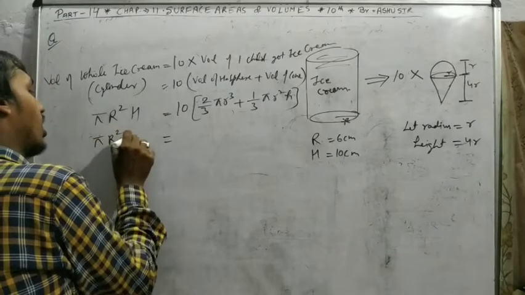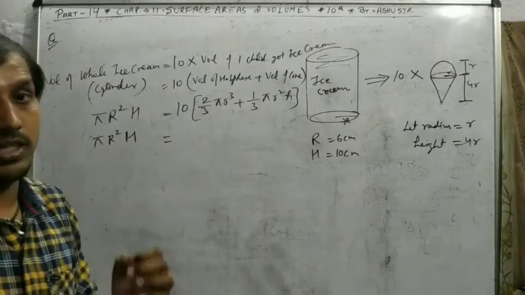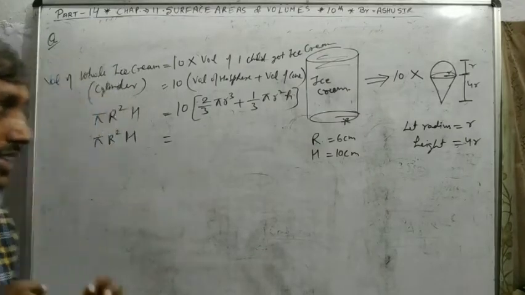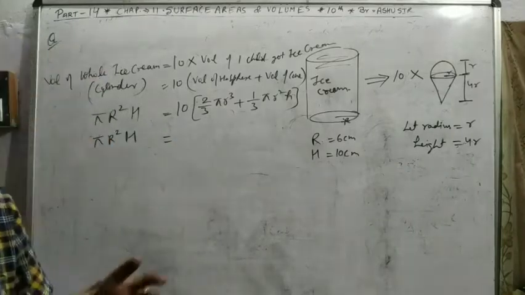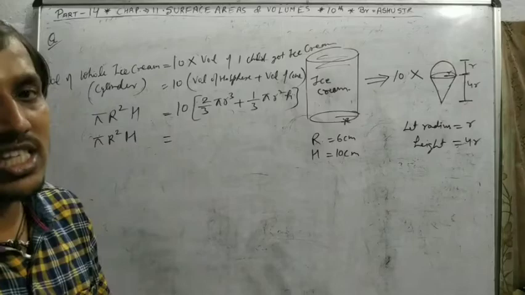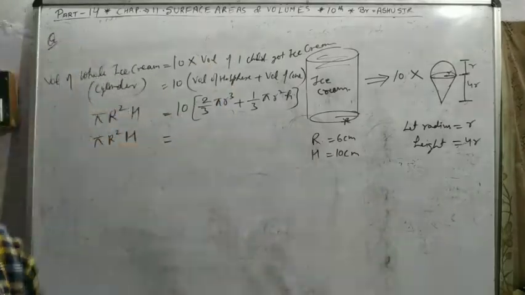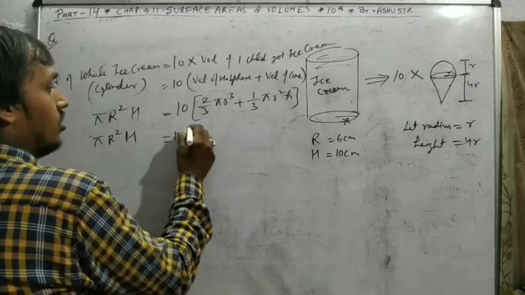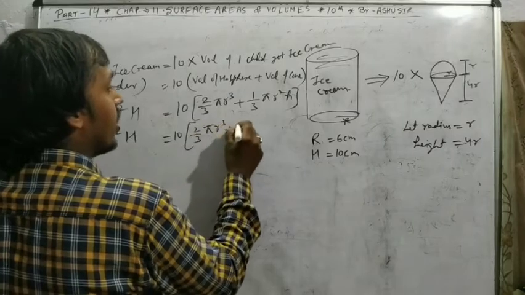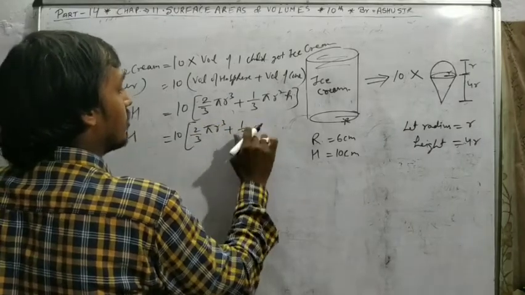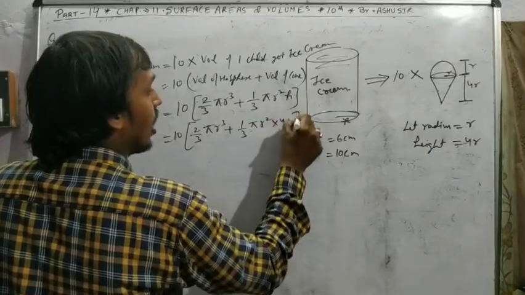Pi r square h, I am not putting the value yet. See the concept, beta. Not only see, understand the questions, and also see how we solve the question in an easy way, the simpler way, without any extra calculation. 2 by 3 pi r cube plus 1 by 3 pi r square, and h is 4r.